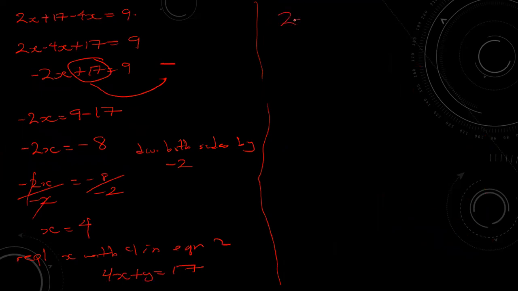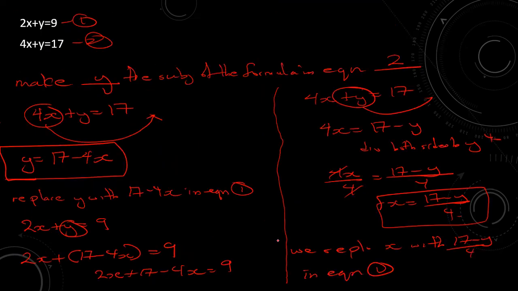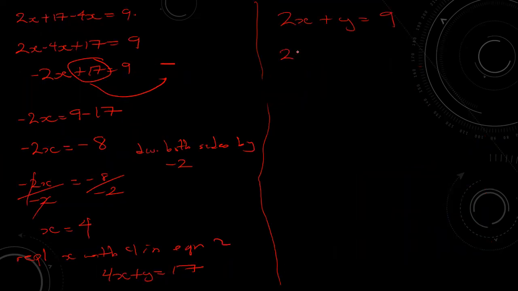So equation 1 is 2x plus y equals 9. Okay, we already said that x is 17 minus y over 4. So this becomes 2 brackets 17 minus y over 4 plus y equals 9. So this is multiplication.